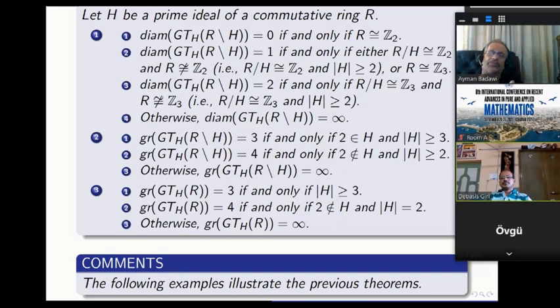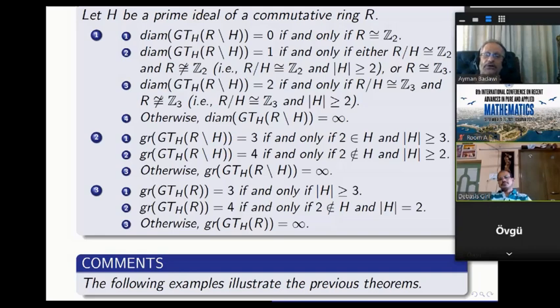So the girth by definition, the minimum is 3. If you have 3, then you have a triangle. It could sometimes be 4, a rectangle or a square.